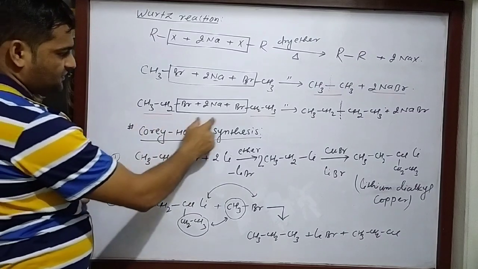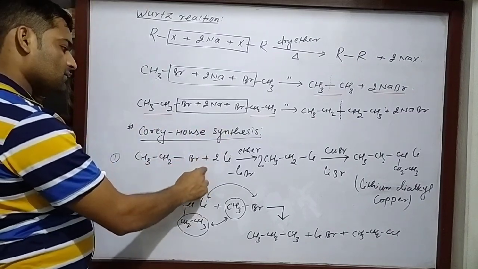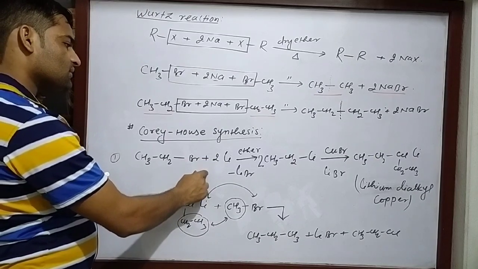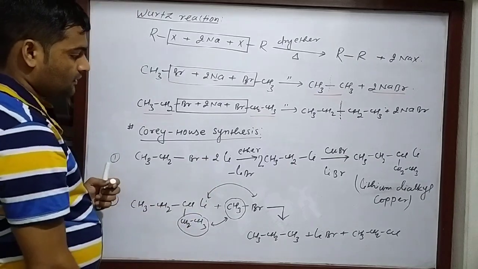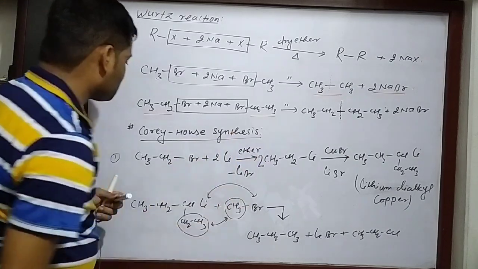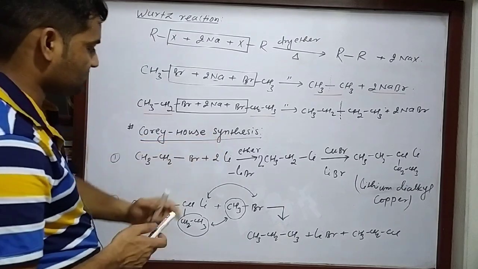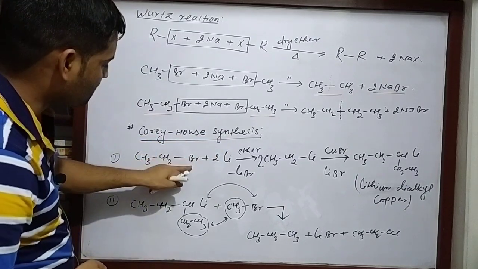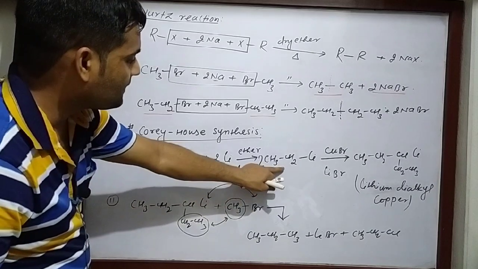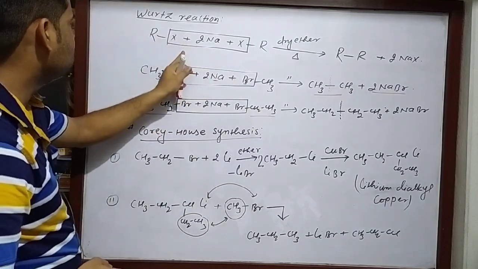But by Corey-House synthesis we can synthesize alkanes containing even as well as odd numbers of carbons, and symmetrical as well as unsymmetrical alkanes are produced by this Corey-House synthesis, and it is the best method to synthesize the required alkane compared to this Wurtz reaction.